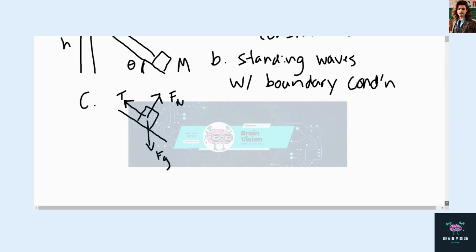So the easiest way to think about this is by looking at the forces that are perpendicular and parallel to the inclined plane. So Fn and T are already in that coordinate system nice and neatly. Fn is perpendicular and T is parallel, but Fg is not, so we have to decompose that a little bit.